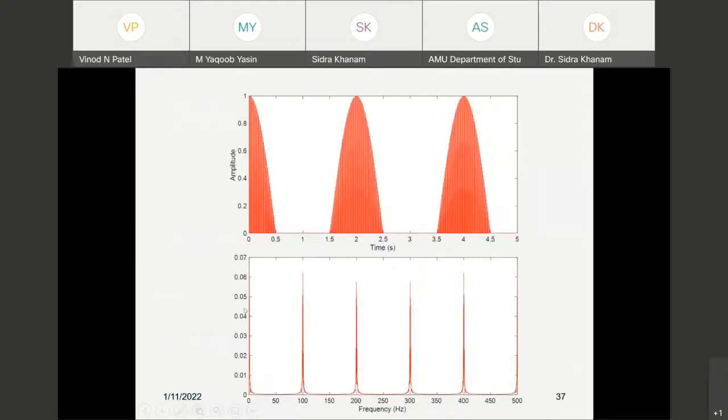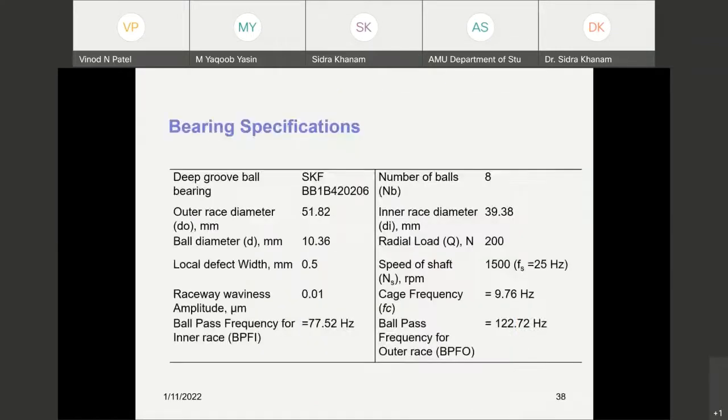We can derive this for the bearing using MATLAB also, and find the frequency. Instead of only the impulse train, it is now multiplied with the load zone, considering where the ball is, because the force acting on the ball changes based on its location, which can be given by this model.